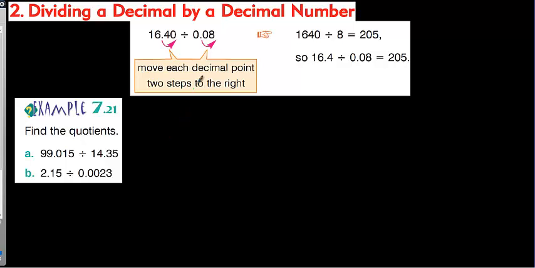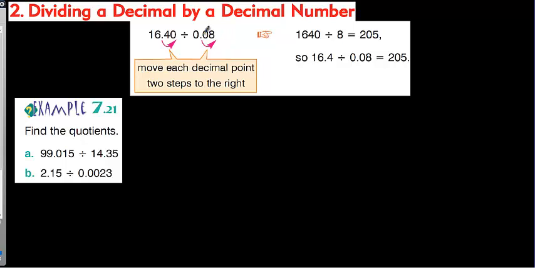Let me explain what I mean. If I divide 16.40 by 0.08, firstly I'm going to make this one a whole number.